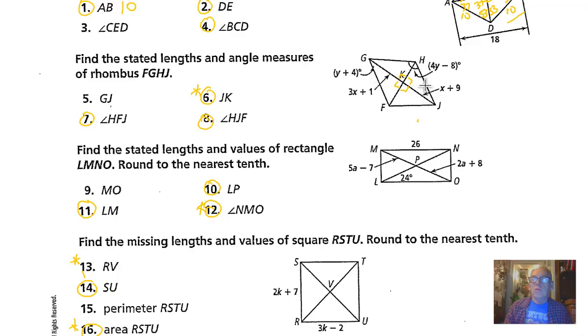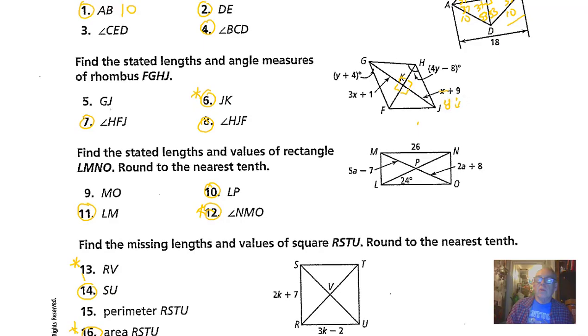But notice that these are the same, right? So this is a y plus 4. But it's congruent to the same angle that's x plus 9. If I just basically took this y plus 4 and substituted it in for the x plus 9 part, since they're supposed to be the same thing, now I can do that. This triangle here has angles that add up to 180 degrees with a 90-degree angle for the right angle.